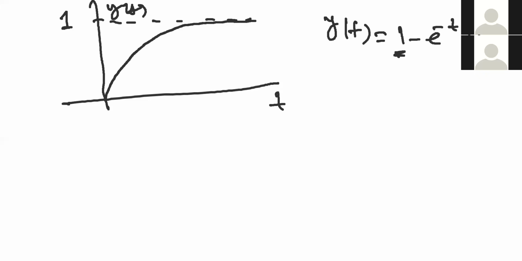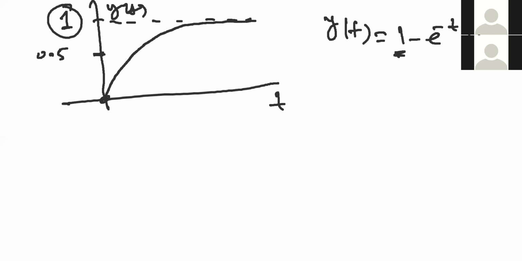Now the delay time is when you are getting 50% of the final value for the first time. So you are increasing from 0, and 50% of the final value, which here with final value 1 is equal to 0.5. So when y is equal to 0.5, or you can say 50% of the final value.